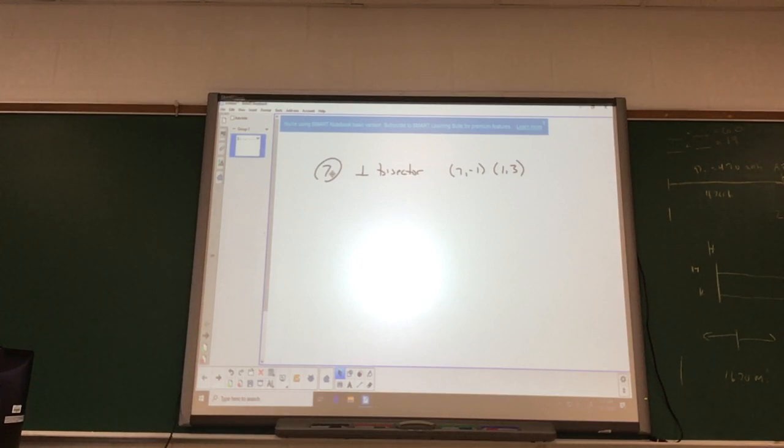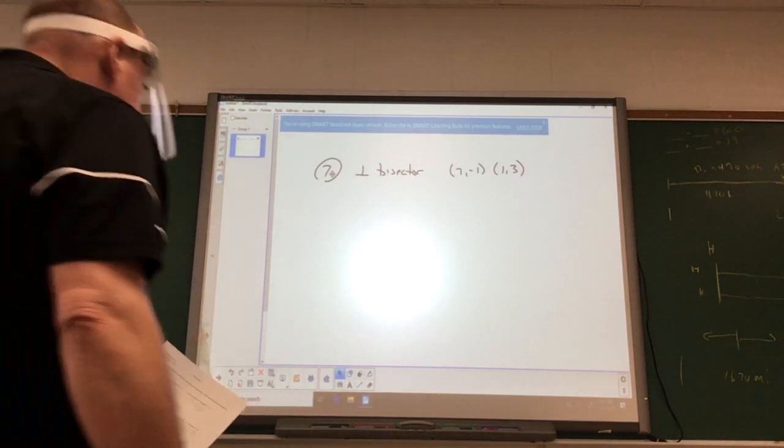Okay, and what we discussed yesterday is when you're talking about a perpendicular bisector, you intersect it at its midpoint. So the first thing that we need to determine is the midpoint.